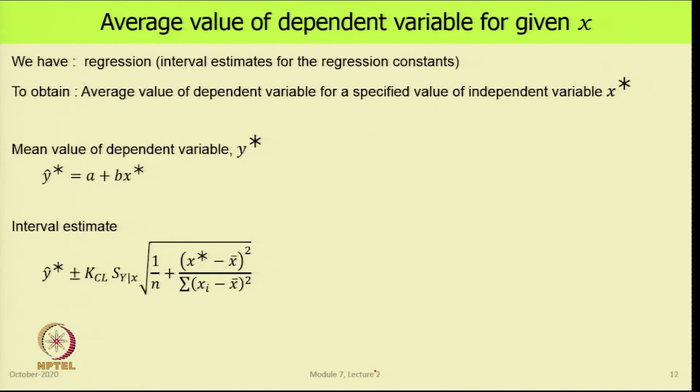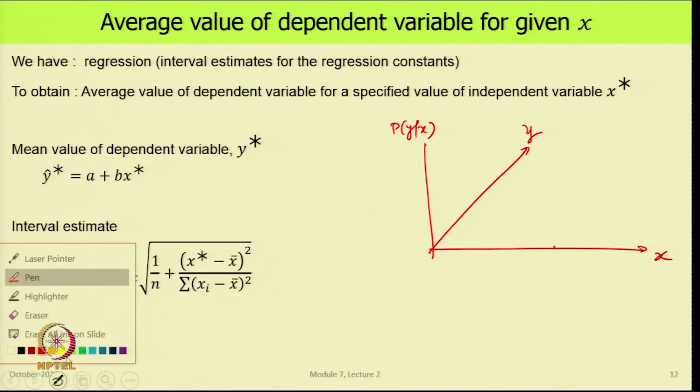And now we come to the other aspect. What we predicted earlier, and if you see that curve that we had made earlier, this was our x, this was y, and this was p y of x, and we had made a drawing there.